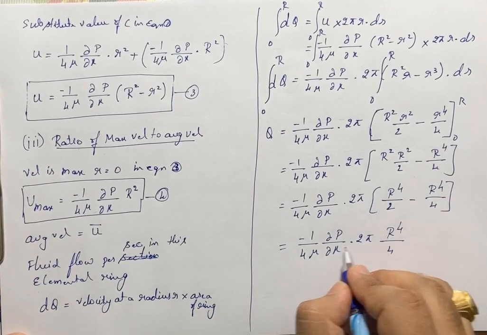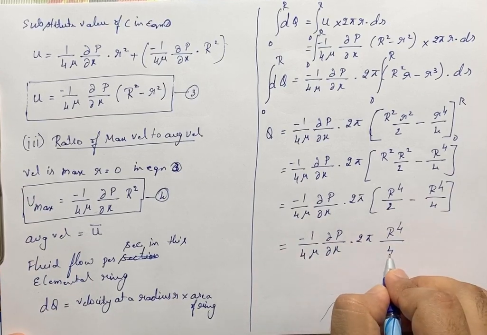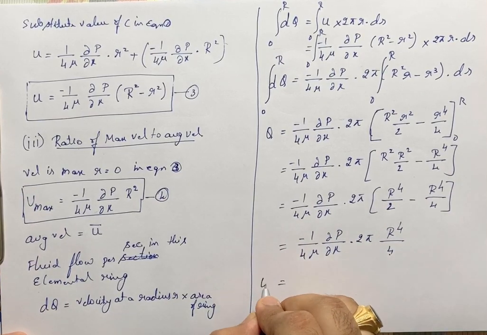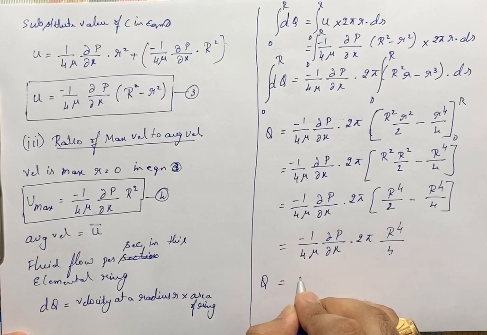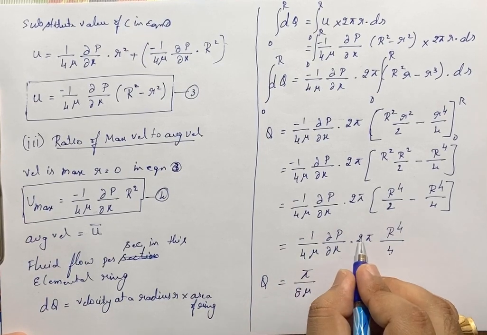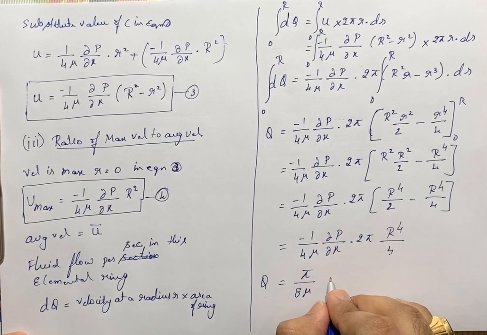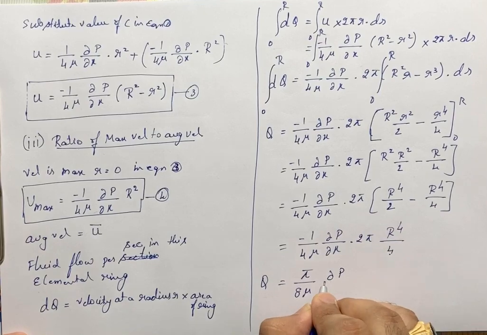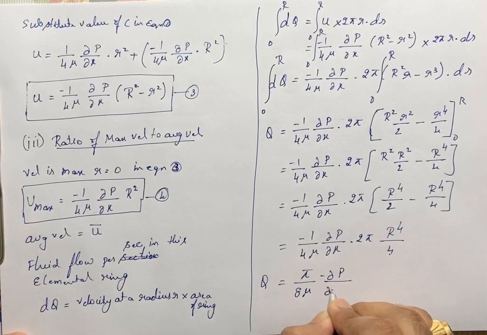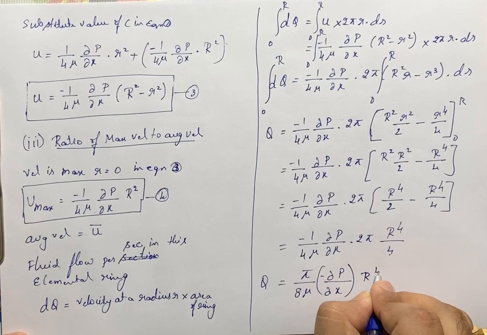Now after this, 2 divided by 4 into 4, right. This term I can write as Q is equals to, I will write pi in the front, pi divided by 8 mu, that is 2 divided by 4 into 4 will be 8 mu, minus of dou p by dou x into r raised to 4.